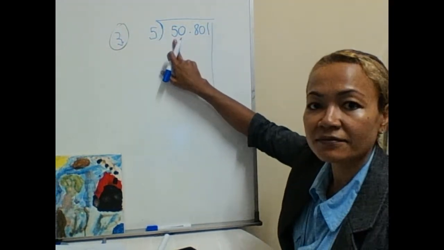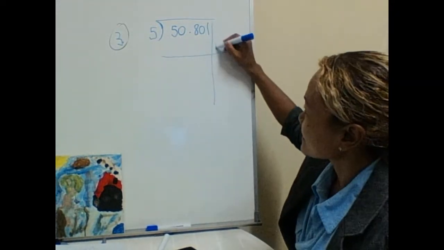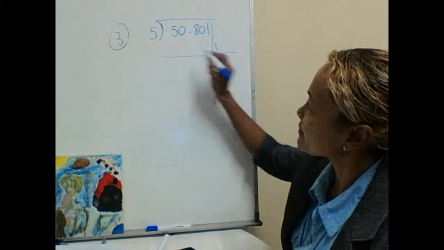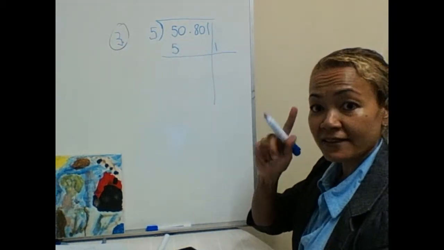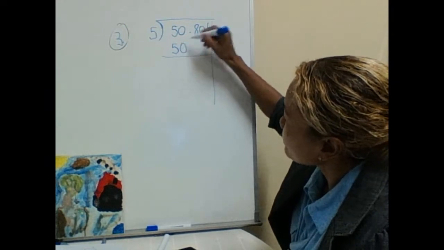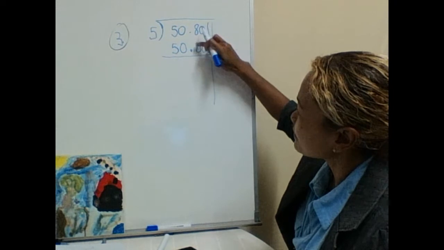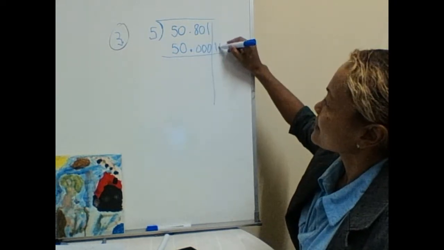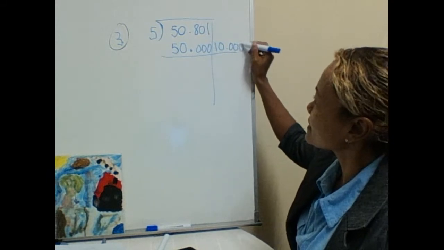Does 5 go into 5? Yes. Easy one. 1, right? 5 times 1 is equal to 5. Fill in the zeros. 0 here, 0, 0. Okay, same thing here. 0.000.